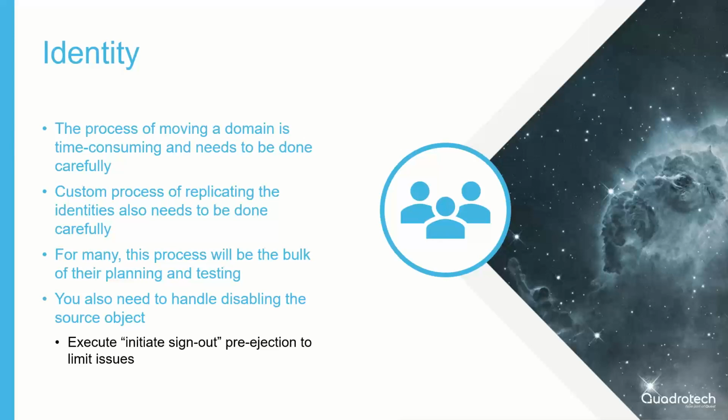A lot of your planning and testing is making sure that your identities are correct. So things like making sure that the objects in the target tenant are there, making sure that all the licenses for the workloads that you're going to move are licensed properly.